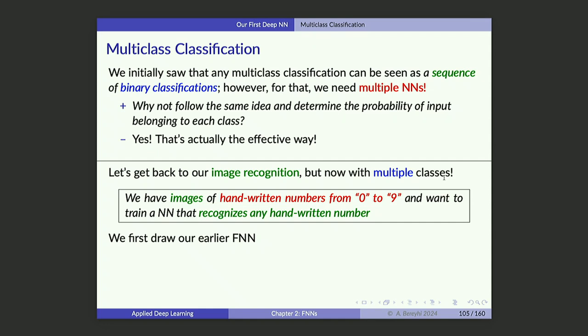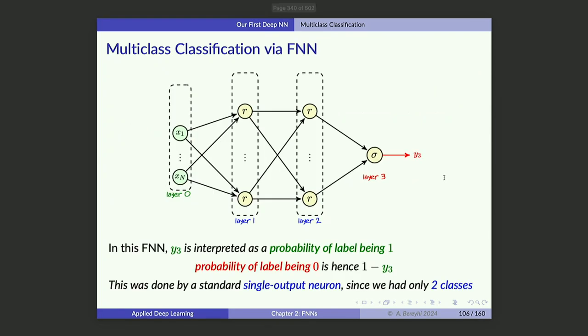So a better idea is to extend what we did with the binary classification to a more general scenario with multiple classes. We just had one single neuron here with sigmoid, and the key factor was that it could compute some number y3, which was of the nature of a probability, right? It tells us whether this is digit 2 or not.